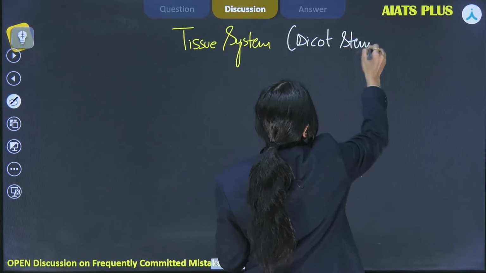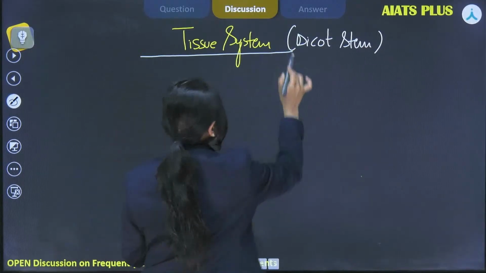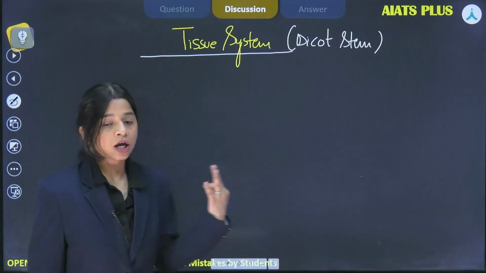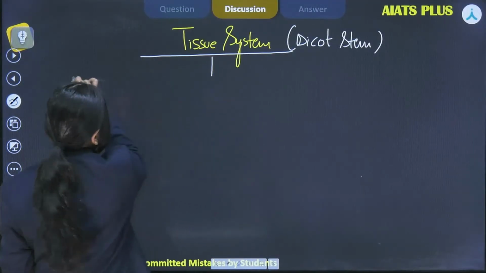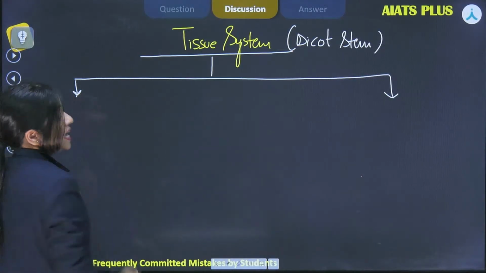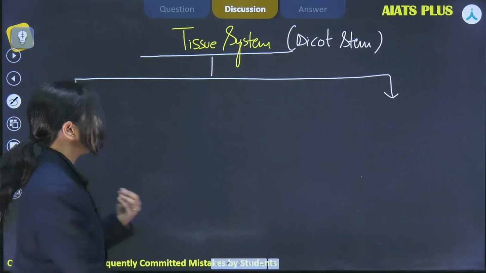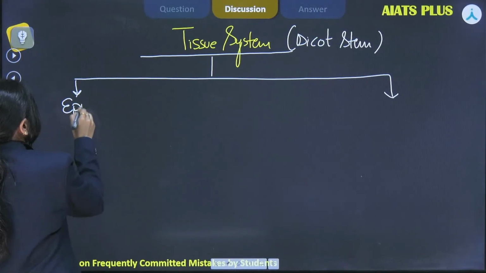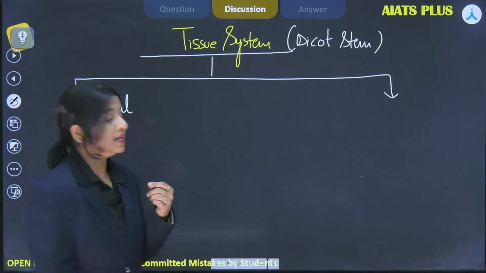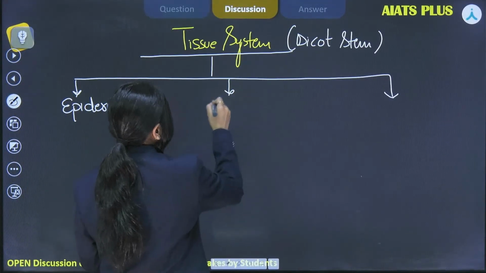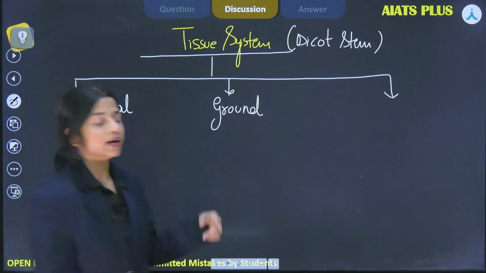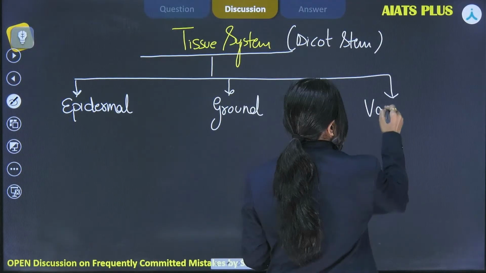If we consider dicot stem, tissue system is divided into three main categories. The first category is the epidermal tissue system. Second is the ground tissue system, on which the question has been asked, and the third is the vascular tissue system.